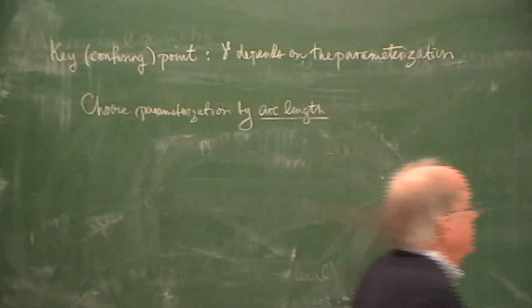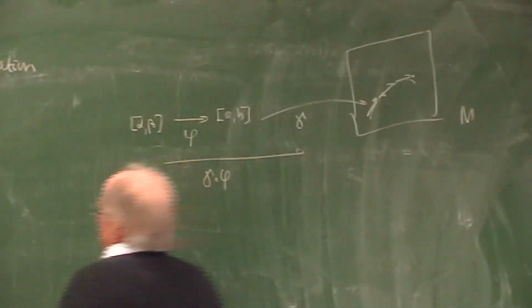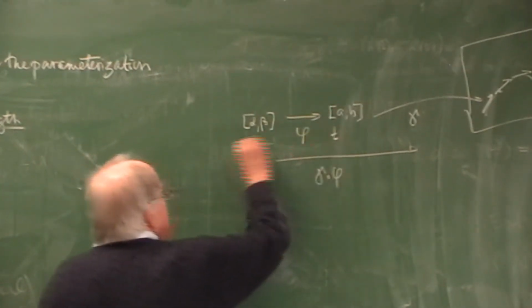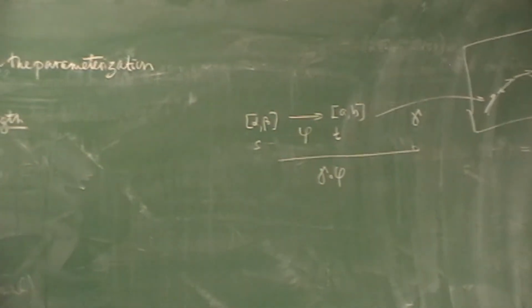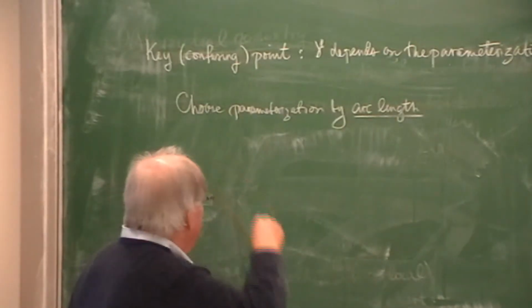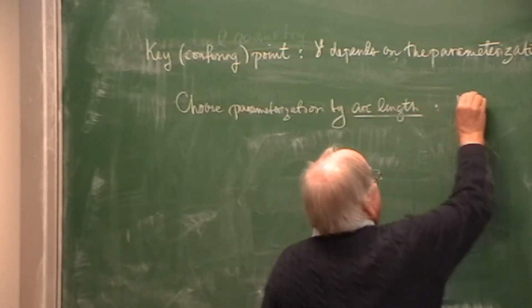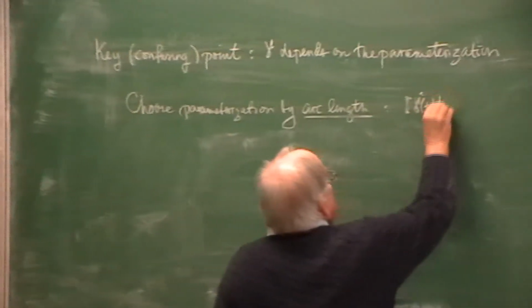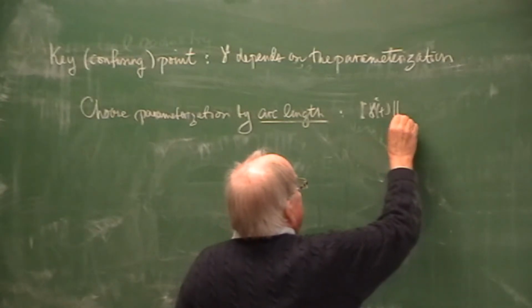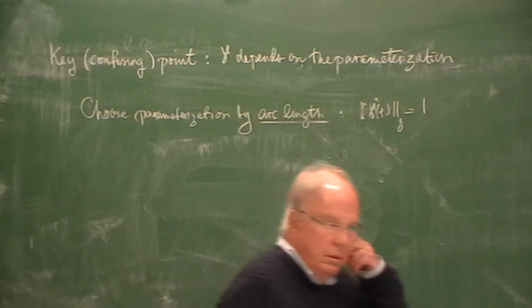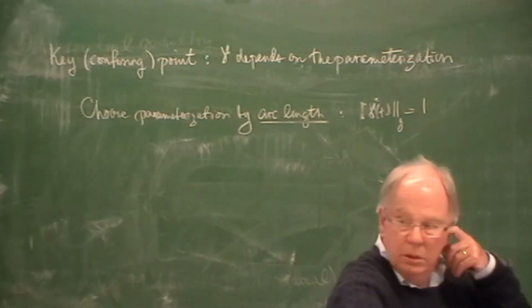In other words, you have a change of variables. This is maybe an S space and this is a T space. You make this change of variables from T to S, and now S is parameterized by arc length. This means the simple thing that the length of the velocity is always 1. Right? That's what it means.